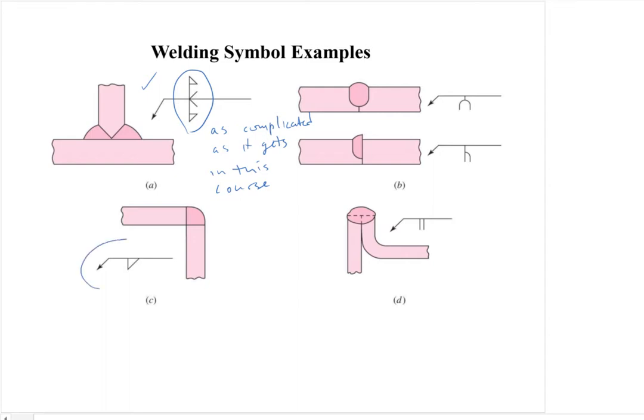This one here isn't very intuitive by itself. But when you couple it to the actual drawing, it becomes pretty clear that you just want to fill in a fillet weld there at that location. I would have moved this whole symbol up over here to be like this. That way it's pointing to where you're actually welding.